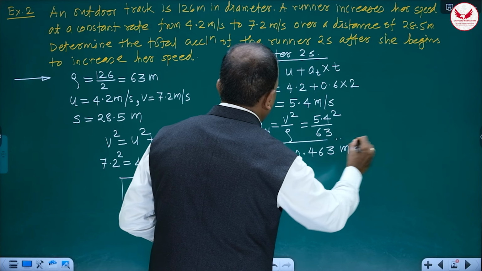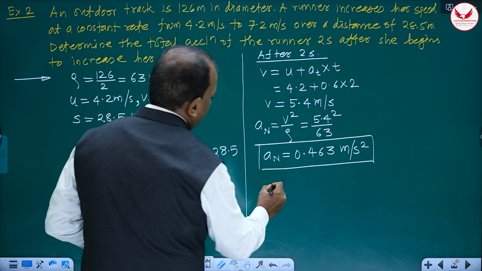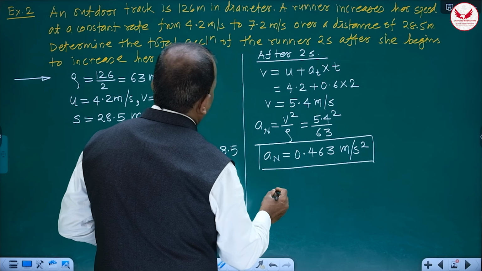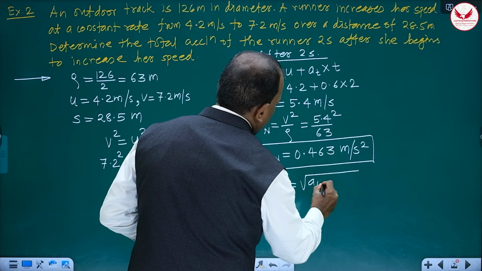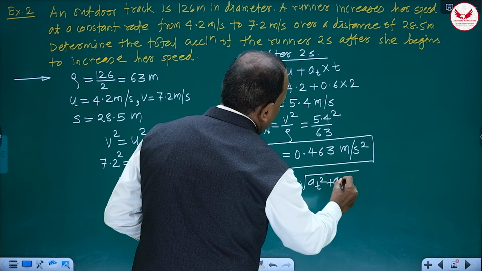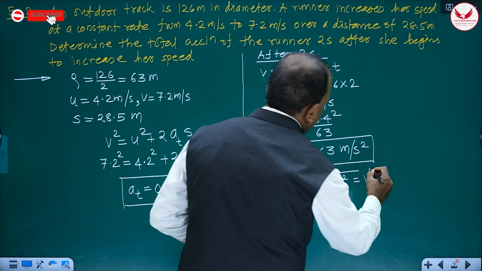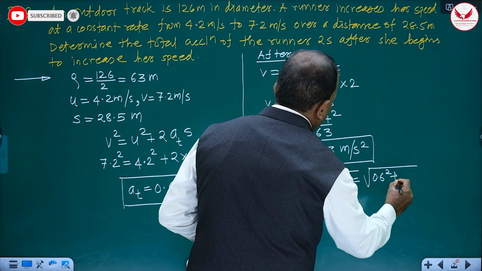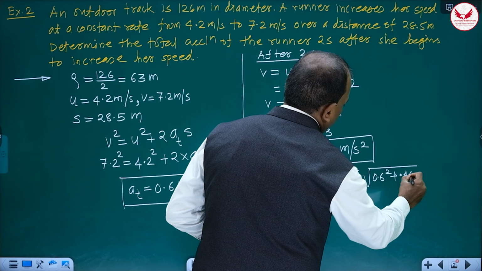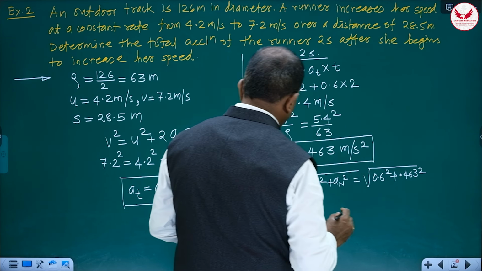This is a_n. Again, in the same fashion, we can get the total acceleration. A is going to be under root a_t square plus a_n square. It is nothing but 0.6 square plus 0.463 square.